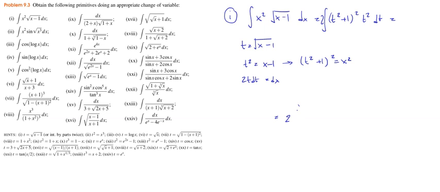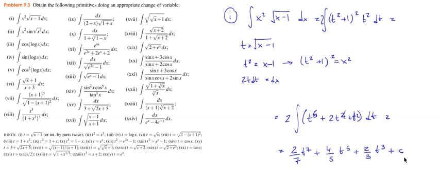This is 2 times t to the 4th plus 2t squared plus 1 times t squared, so this is t to the 6th, t to the 4th, t squared dt. So the primitive of this is 2 times 1 over 7 t to the 7 plus 4 over 5 t to the 5 plus 2 over 3 t cubed plus c, right?